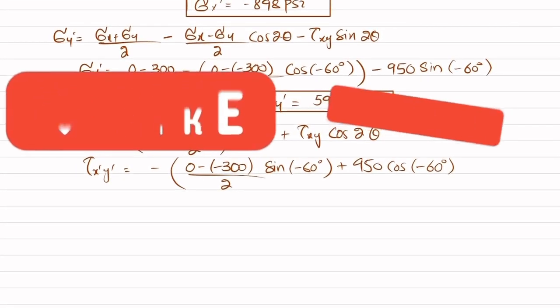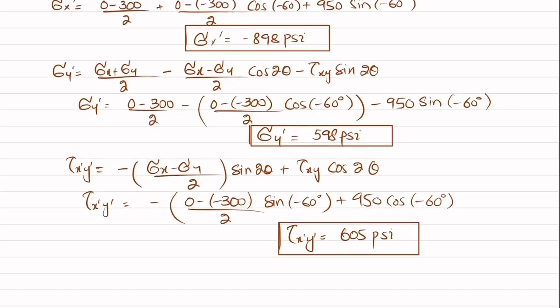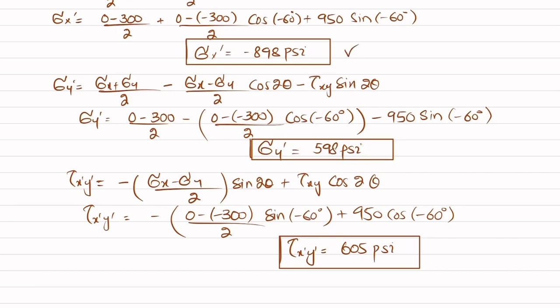When you calculate it, tau of x dash y dash comes out to be 605 psi.